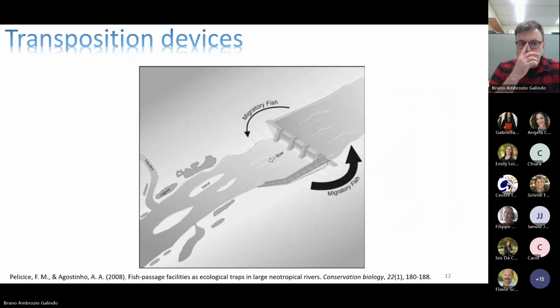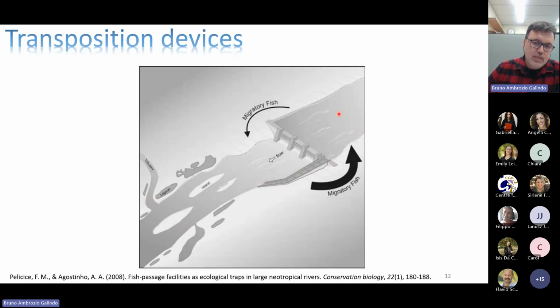Another mitigatory measure is to build a transposition device. When we have a transposition device such as a fish ladder, you can see, let me pick the pointer. You can see over here. Usually, these devices are more attractive than the tributary. So fishes usually will prefer to go into this device.